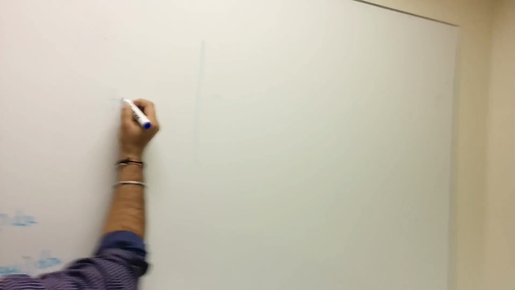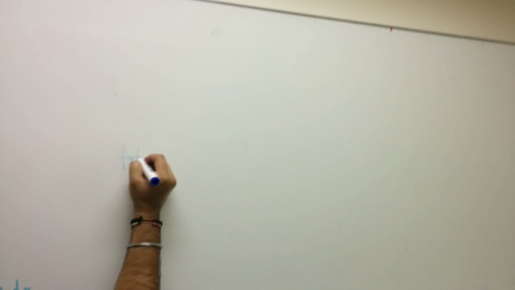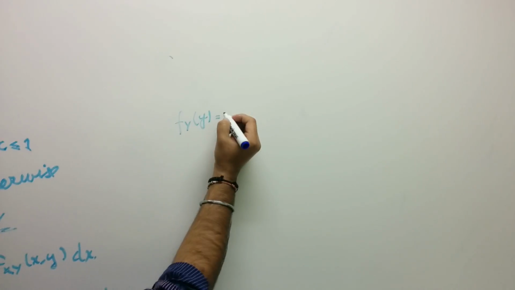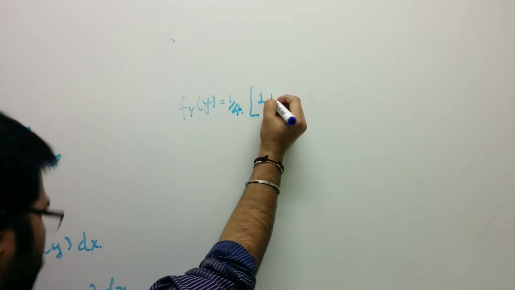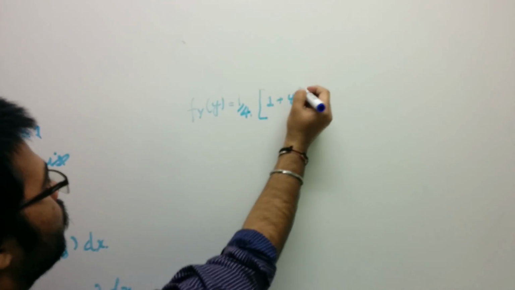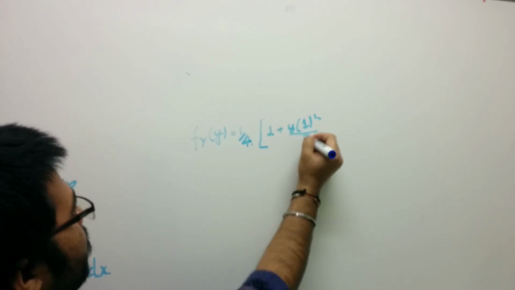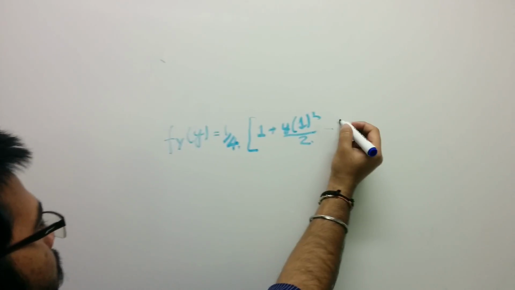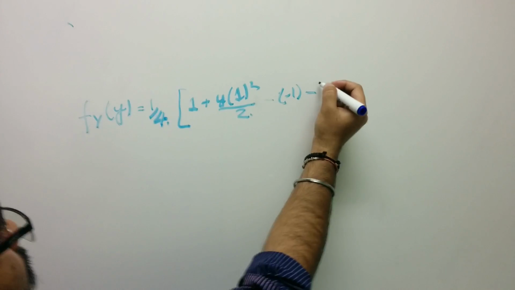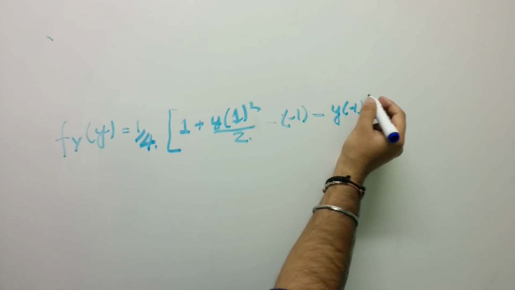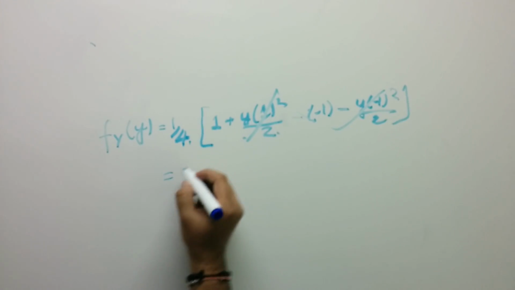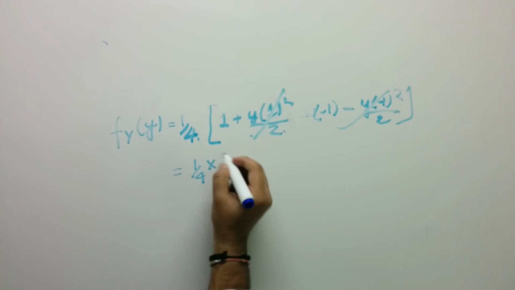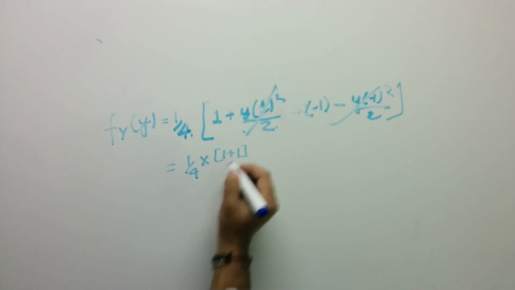Now on putting the values and cancelling out the opposite terms, on solving we get 1 upon 4 into (1 + 1), that is 2.